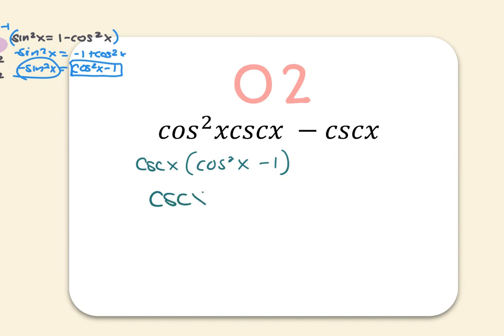So cosecant x times negative sine squared x. What is cosecant? 1 over sine. So if I change that to 1 over sine times negative sine squared x, I can actually cancel out one of the sines, and I'm left with negative sine x.